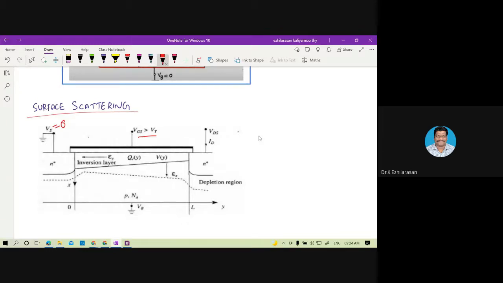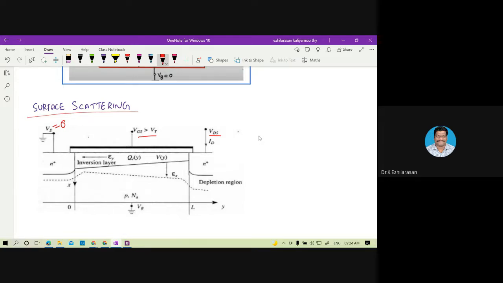So the surface scattering: your VDS, and this is the current. Here we can see what happens in surface scattering. As the channel length becomes smaller, due to the lateral extension, this is your depletion region. See this lateral extension of the depletion region into the channel region.